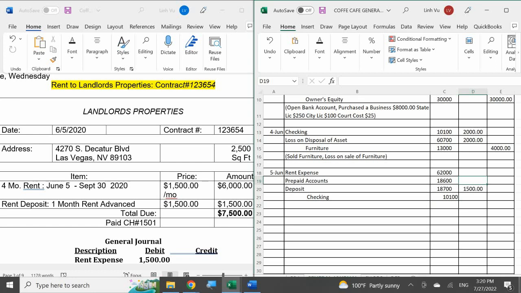That is 4 months of rent that I paid for. So for the months in advance it's 1,500 times 3, which is 4,500. So for the month of June, how much rent did I pay? 1,500.